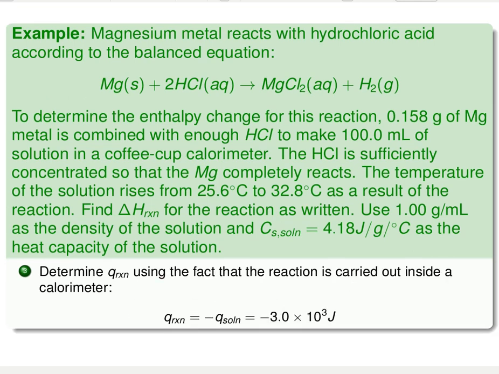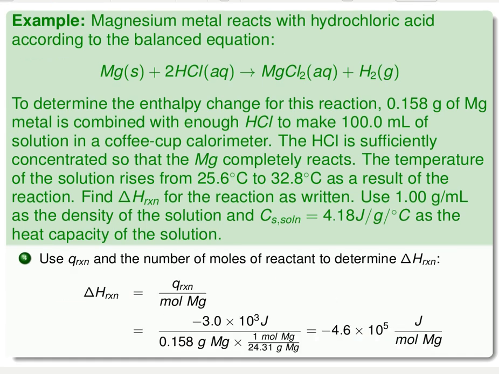Now, of course, we're inside a calorimeter, so the energy of the reaction is going to be the negative of whatever heat of solution we just calculated. So the reaction is losing energy. It's a negative 3.0 times 10 to the third joules.